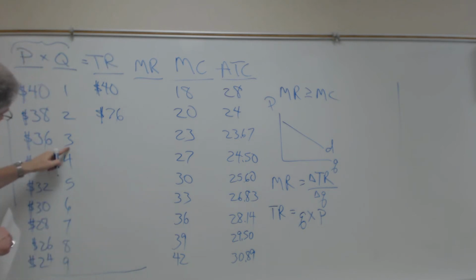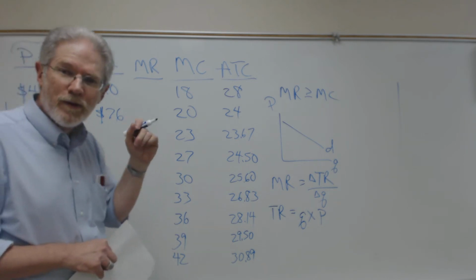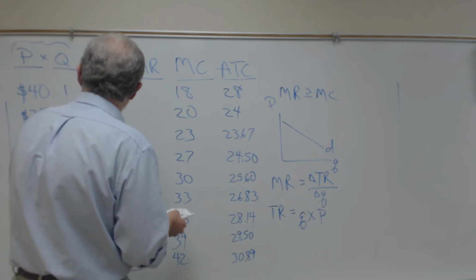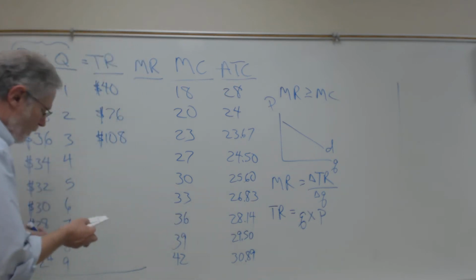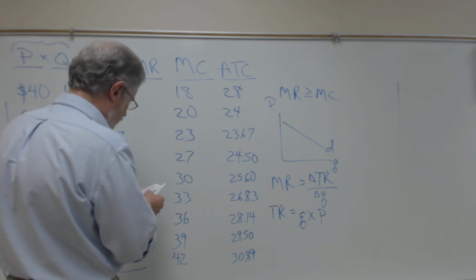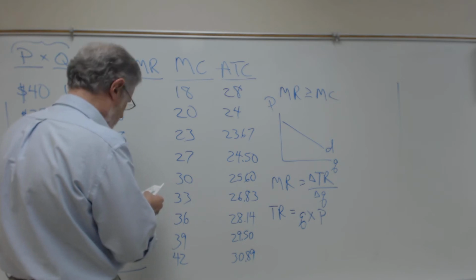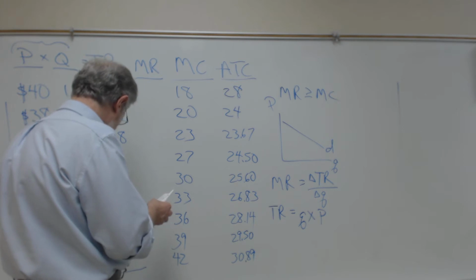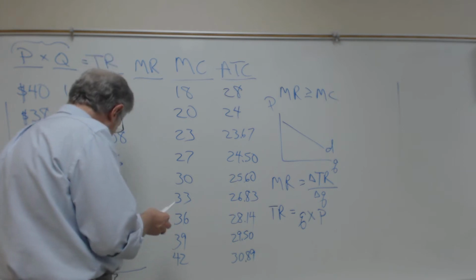Want to sell three, they've got to cut their price to 36, and the total revenue would be 108. Continuing on down, this would be 136, 160, 180, 196, 208, 216.